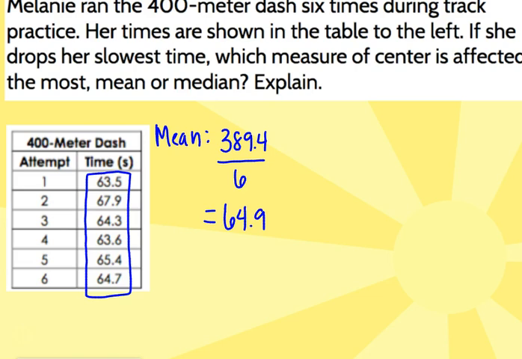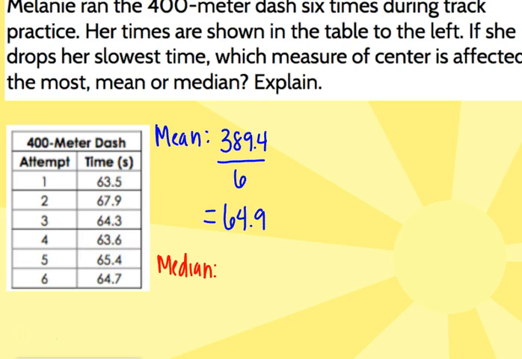Now let's check out her median. So what is her middle value across these? So it's between these two values here. Oh, just kidding, guys. They're not in order. Put them in order quick. Reverse, reverse.